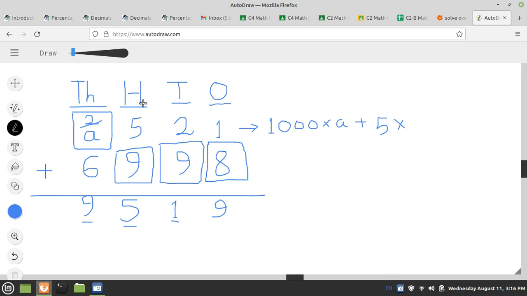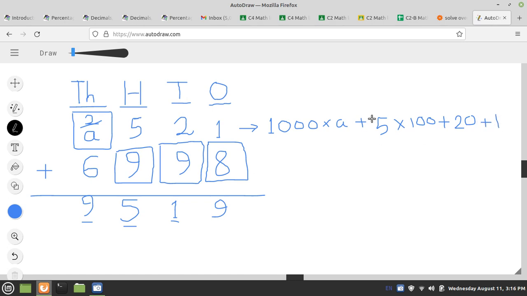So what is the intrinsic value of the hundreds place? 5 times 100, then 2 tens, that means 20. So let's write it short, 20, and then 1 ones.